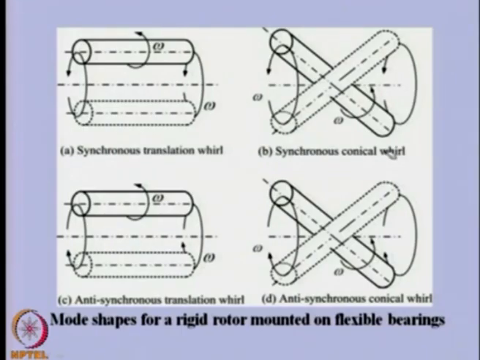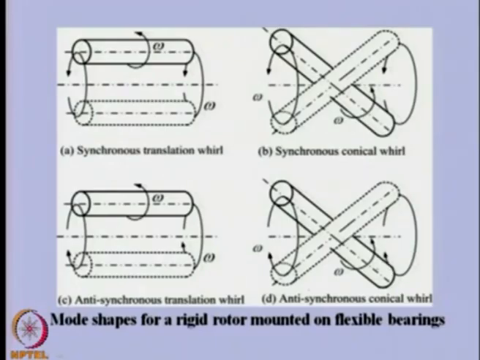Basically, each and every particle of the shaft will have the same elliptical motion, maybe with different magnitude, but the sense of rotation will also be the same. This is another case in which the conical whirl is there, the spinning is in the counterclockwise direction, but the whirling is in the clockwise direction.